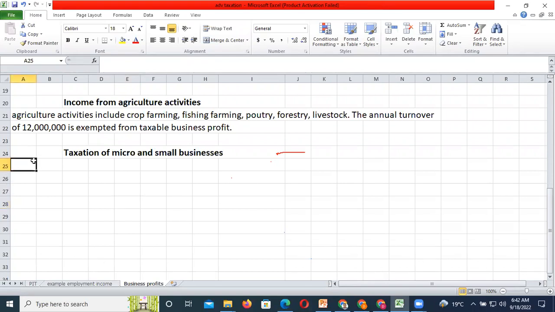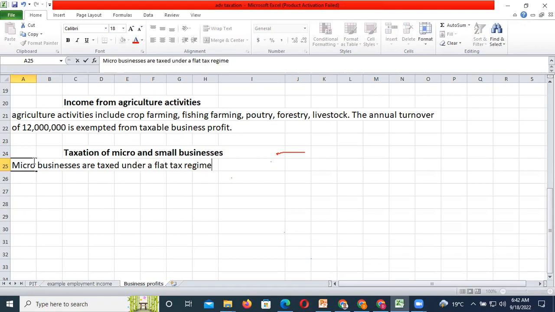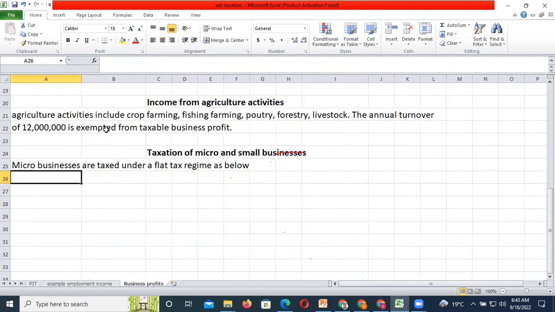So micro businesses are taxed under a flat tax, as below. The calculation of the tax depends on the annual turnover.